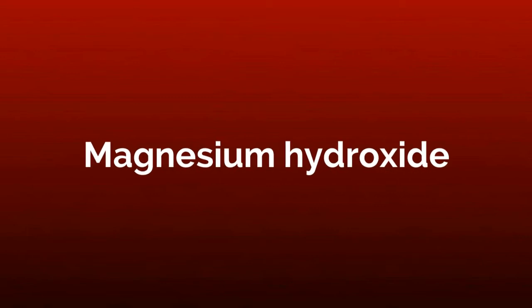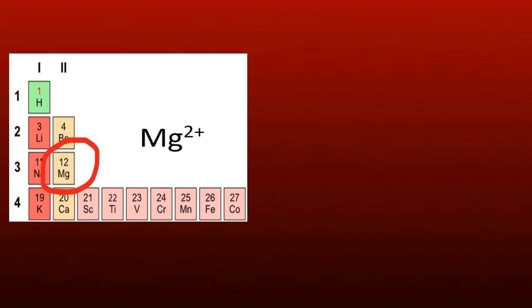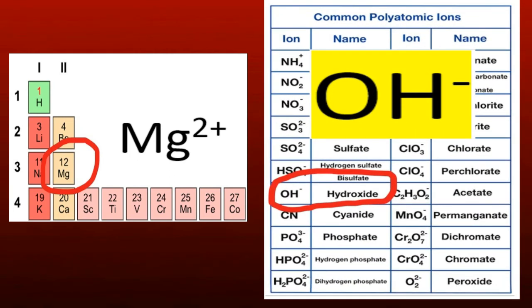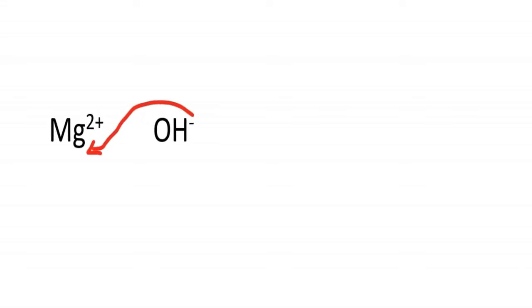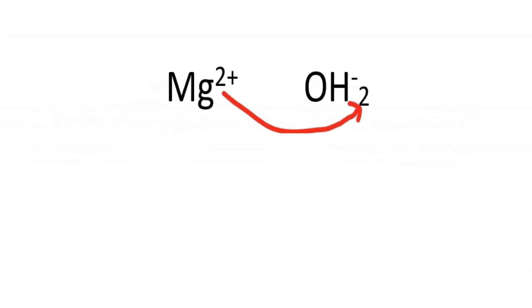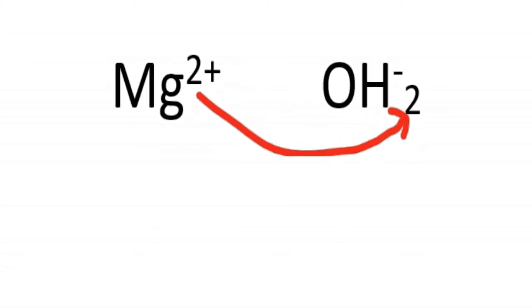Another example is magnesium hydroxide. Magnesium has a charge of 2 plus, and hydroxide, OH, has a charge of 1 minus. Now we do the crisscross. Let's take 1 minus over here and 2 plus over here. We write the number, not the charges. And we don't write 1 minus.